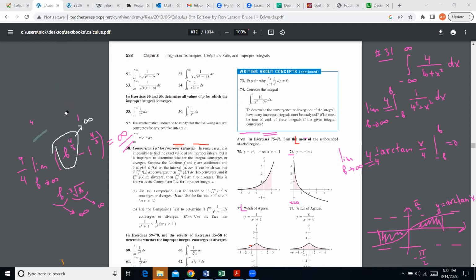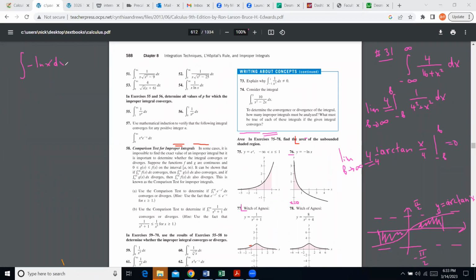And in that case, we need to also integrate improperly. The reason is when you find the antiderivatives, if you try to integrate minus ln of x, how would you integrate that?